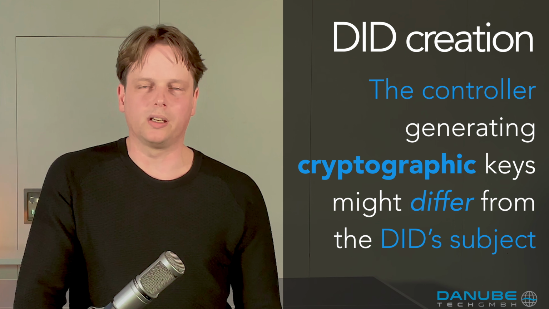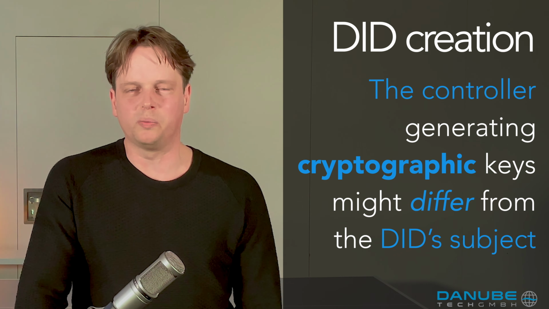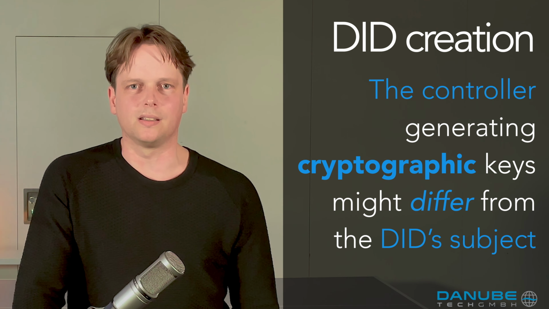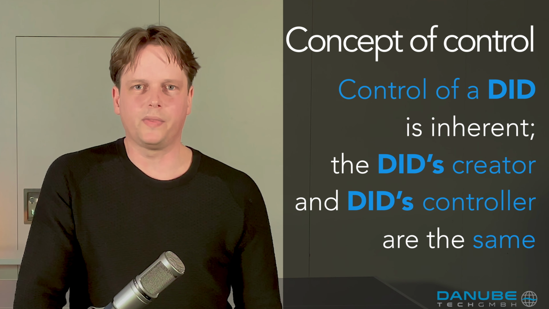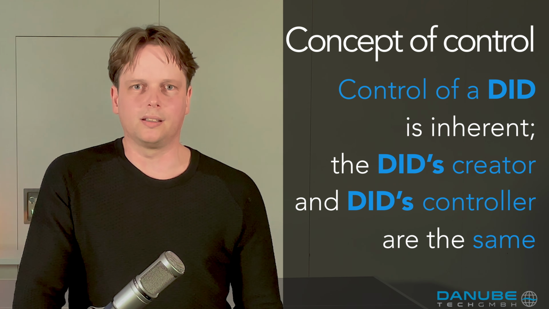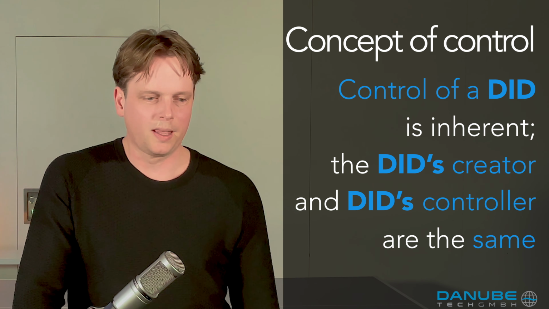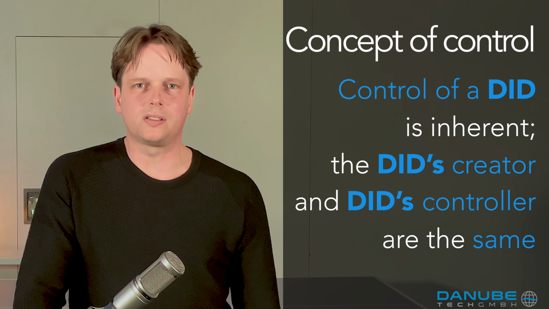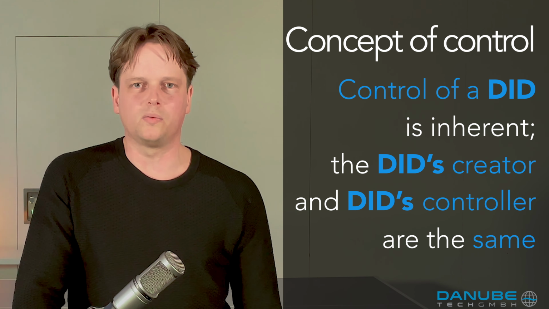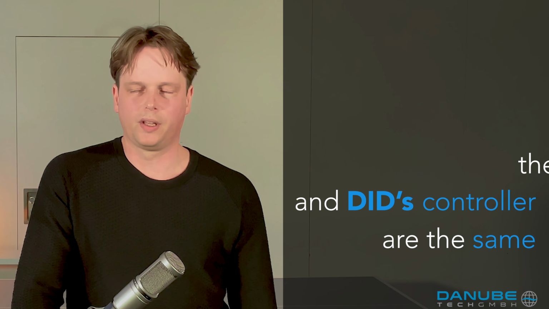And the controller who generates those keys may or may not be the same entity as the subject that the DID refers to. But what's important here is to understand that there is this built-in concept of control when it comes to DIDs, and that whoever controls the DID also was the one that created the DID.